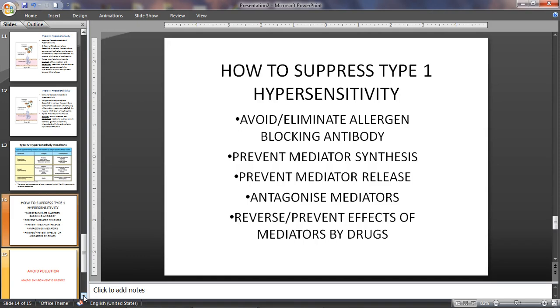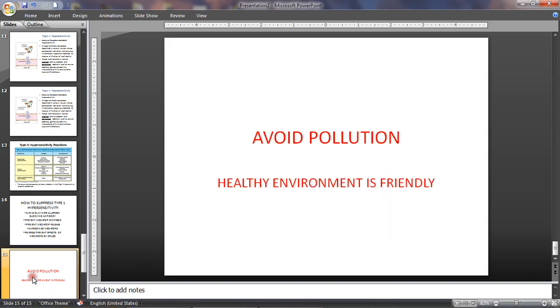You can prevent the release of the mediators from the mast cells, or in other words, you can prevent the degranulation of the mast cells, the basophils and the mast cells in other tissues. Then you can antagonize the mediators by using drugs. And last of all, avoid pollution, because a healthy environment is friendly.